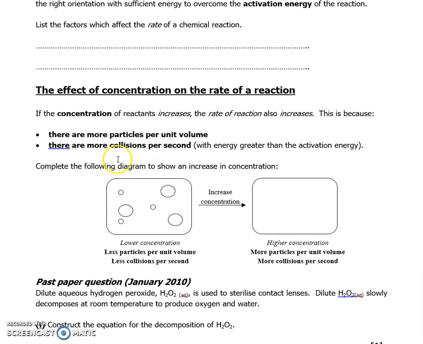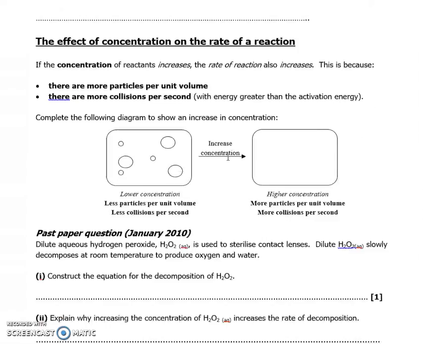If you have a reaction with a low particle concentration, and then you increase the concentration, so have double the amount of particles inside your container of fixed volume, then you're going to have more particles per unit volume, and therefore there are going to be more collisions per second, and this will lead to a greater frequency of collisions with an energy greater than the activation energy.